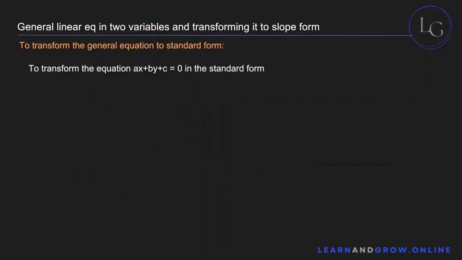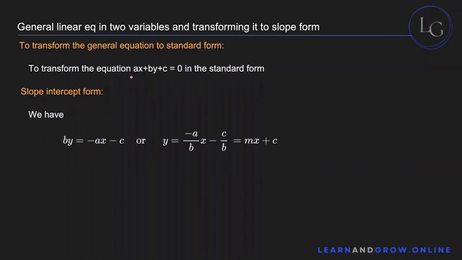Now let's see how to transform it to the standard form. So this general equation must be converted into the form y is equal to mx plus c. And to do that, the first thing you'll have to do is isolate the y term. So first thing is you take the ax and c terms to the right hand side.